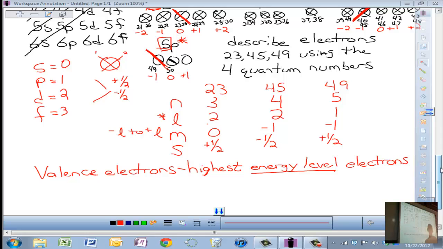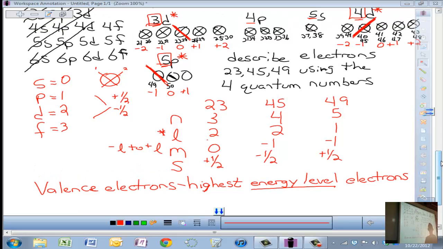I have to find all of the electrons in the fifth energy level. I've got 2 electrons that are there, and 2 electrons that are there. I'm not going to worry about this 4D right here, because that's in the fourth energy level. We're looking for the highest energy level.